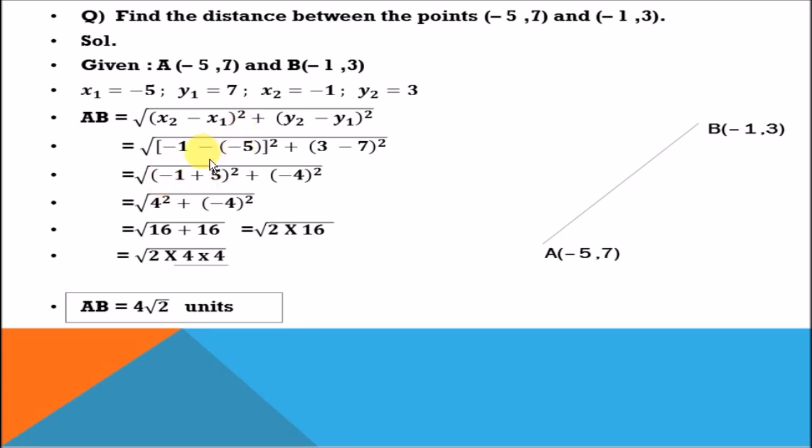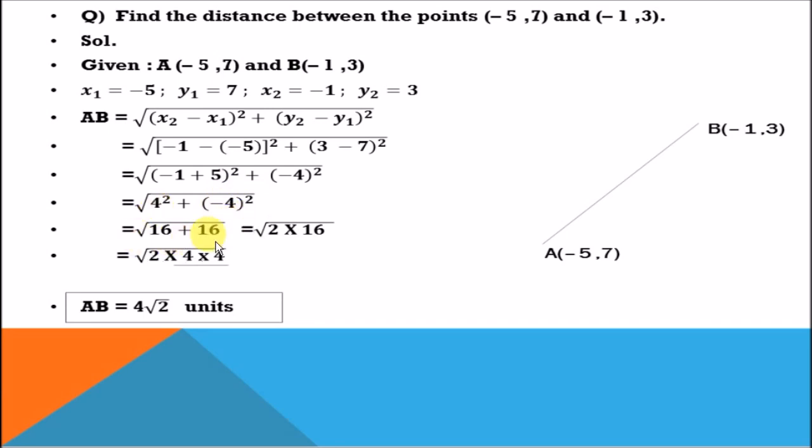So the sign has changed, minus into minus plus 5 whole square plus 3 minus 7, that is 7 is the bigger number, so 7 minus 3 is 4 and 7 is the bigger number, so minus sign will carry on, minus 4 whole square. Now 5 minus 1 will give us plus 4 square because 5 is the bigger number and it has plus sign. So 4 square plus minus 4 whole square.